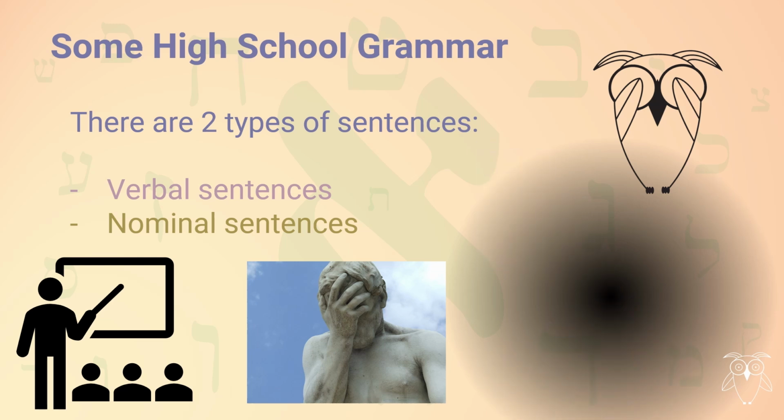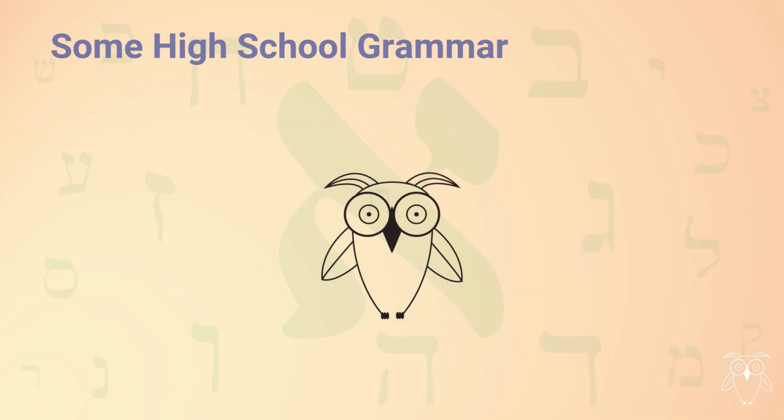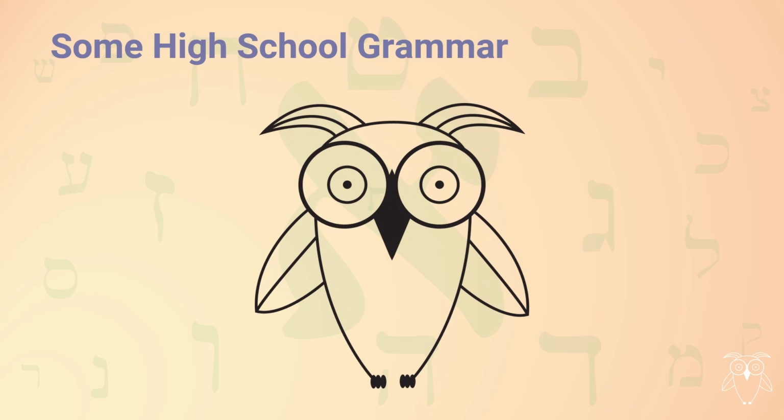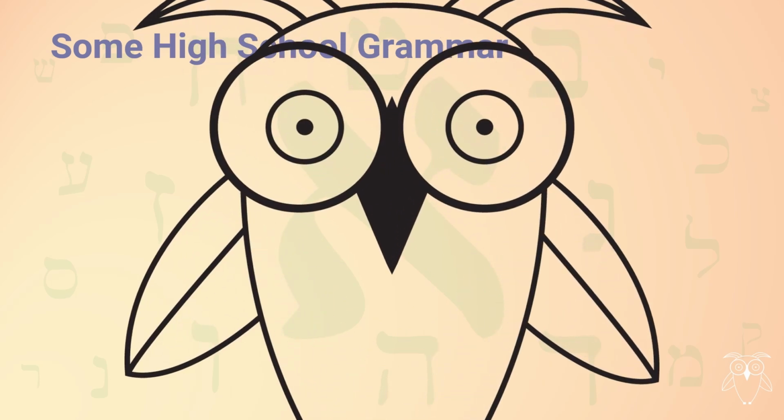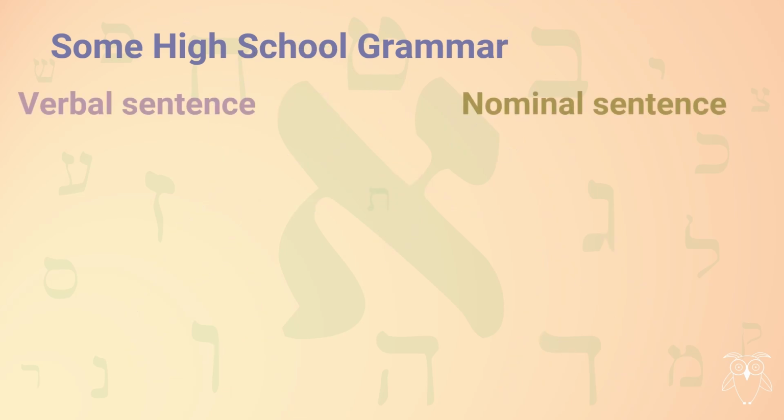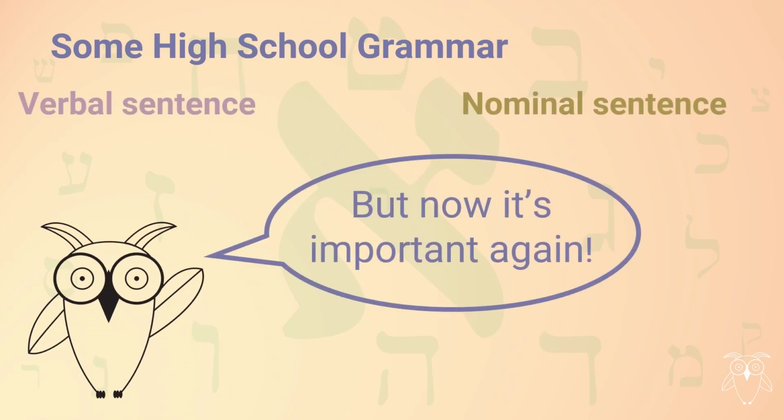Oh, and if you want to tell me that your high school teacher really didn't teach this subject, you're forgetting something. I teach middle and high school grammar, so I know what I'm talking about. But now, all of a sudden, this distinction isn't just relevant again, but vital for understanding what on earth is going on in Hebrew.